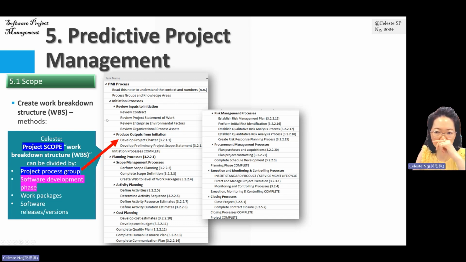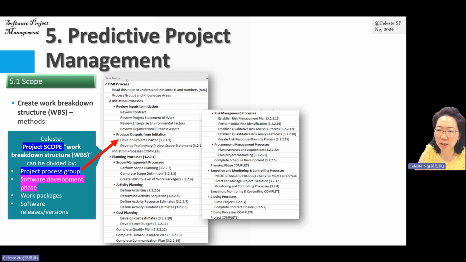The first project process group is the initiation process. The second process group is called planning process group. The third process group is called executing process group. The fourth is called monitoring and controlling process group. And the last process group is called closing process group.